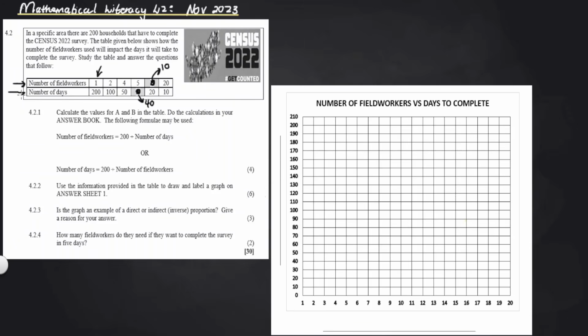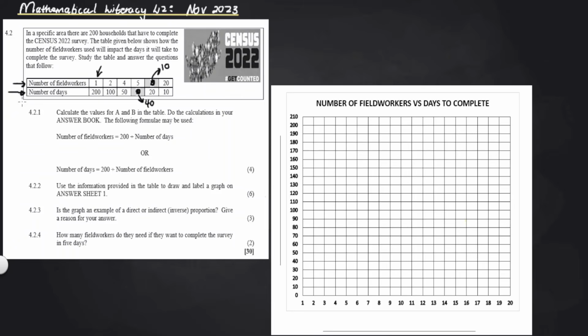The number of days of completing the survey depends on how many field workers we have for the project. The more field workers I have, the less time I take to complete the survey. So the more I employ, the lower the number of days it takes to complete the survey.